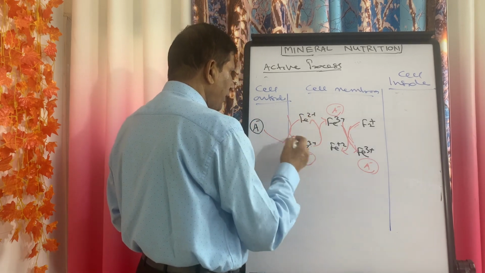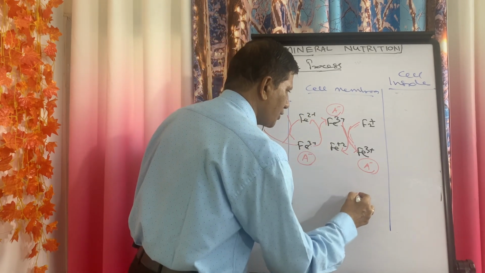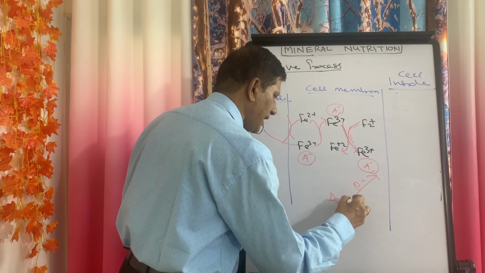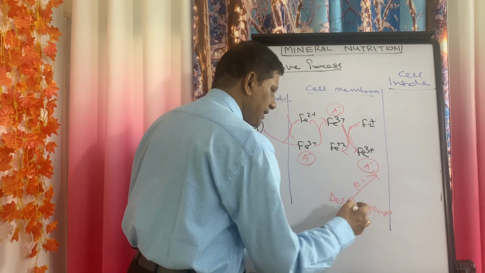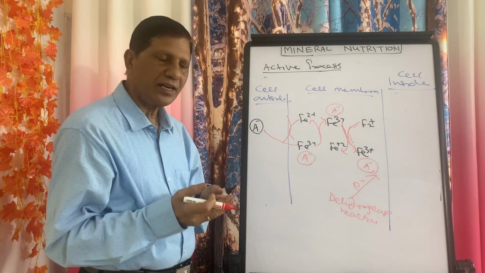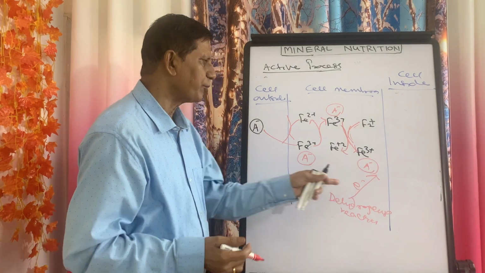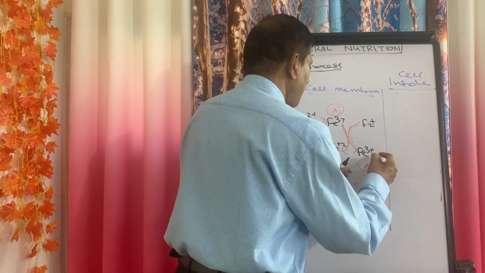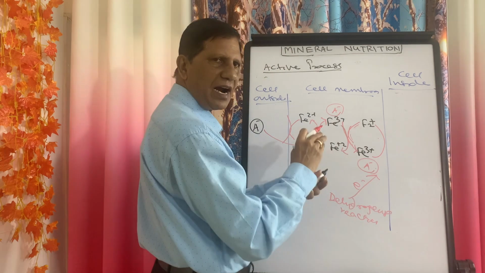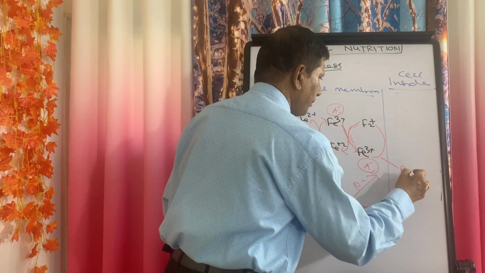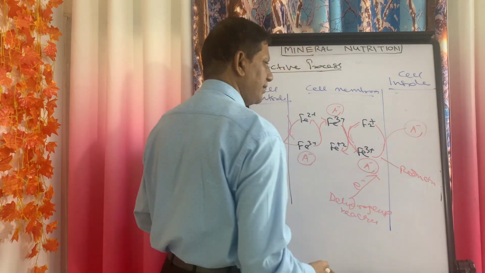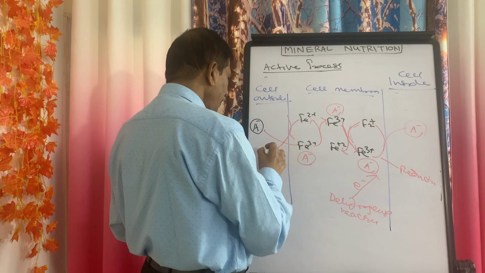So the electrons will move from this side due to dehydrogenase reactions. Inside the cell membrane, there are different dehydrogenase reactions, and during these reactions the electrons which are liberated are added here. When an electron is added here, reduction is taking place, and now the anion comes inside, and outside the electron is liberated.